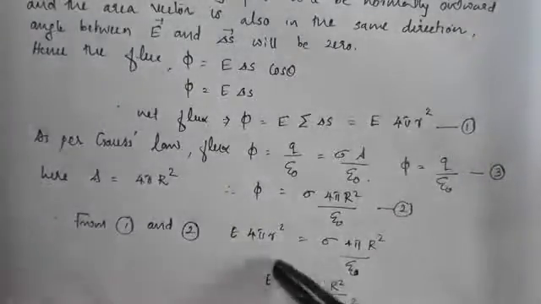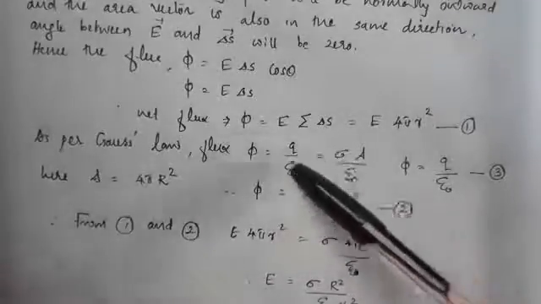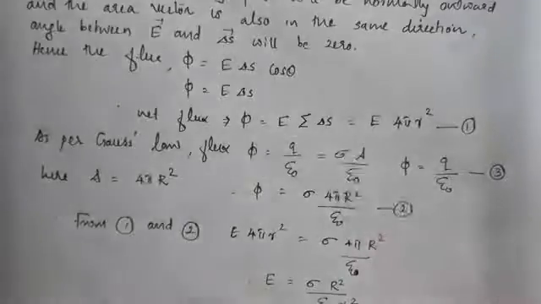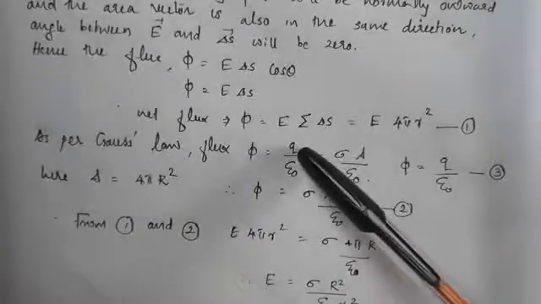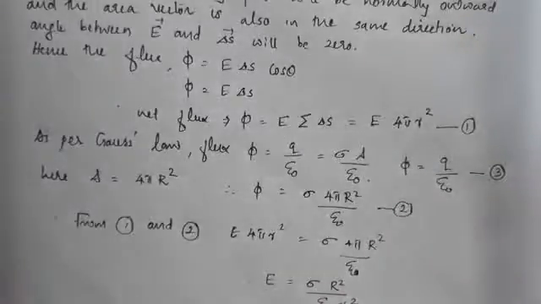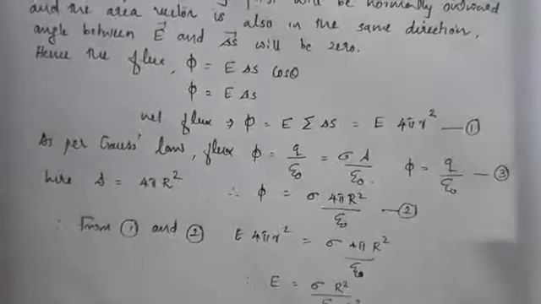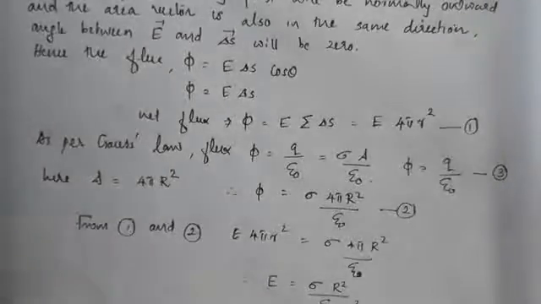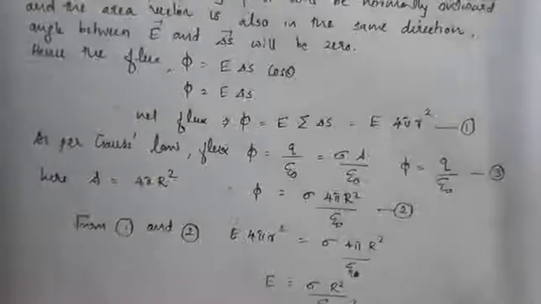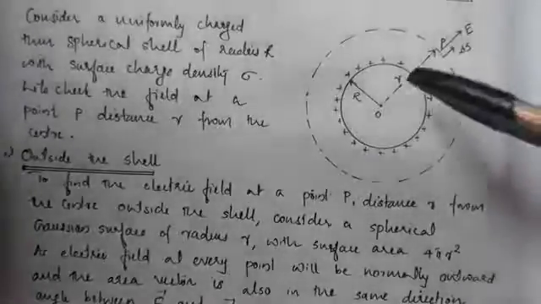Now I am applying Gauss's law, that is total flux is 1 by epsilon 0 times the total charge enclosed. So the charge enclosed will be charge density into the area. Here the area in which the charge is distributed is this area.